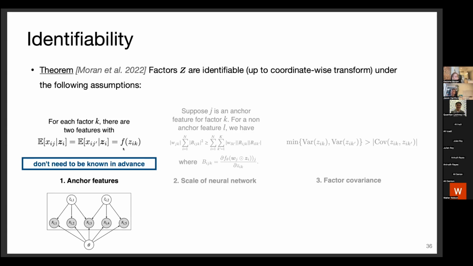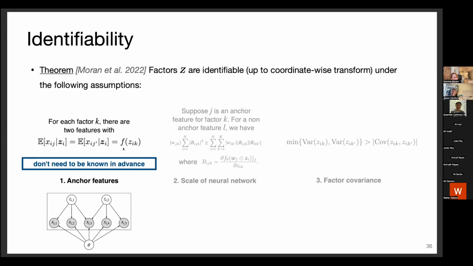If this is a neural network, you're constrained to only use particular coordinates. How do you constrain this to be the same mapping?